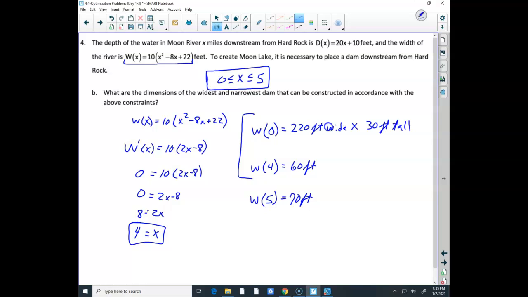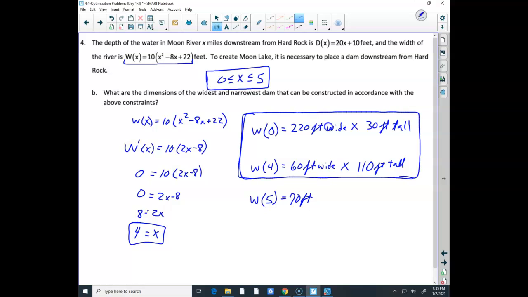So those are the dimensions of the widest, and the dimensions of the narrowest will be 60 feet wide by, what were we? We were 90 feet deep, so we have to be 110 feet tall. Those are the dimensions of widest and narrowest.